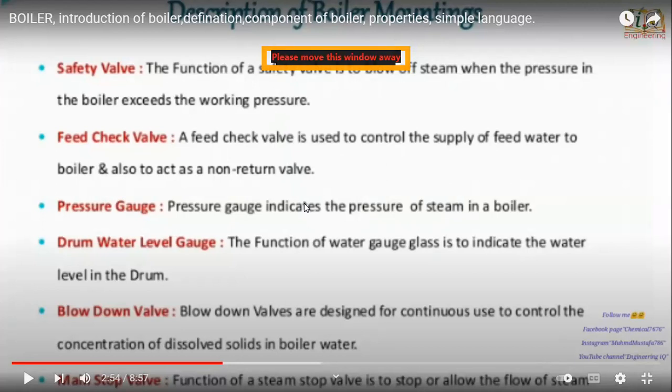Without these components we can't operate a boiler. Like the safety valve: the function of the safety valve is to blow off steam when the pressure in the boiler exceeds the working pressure.